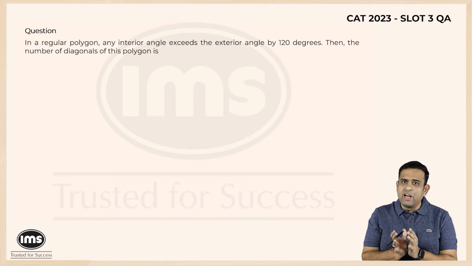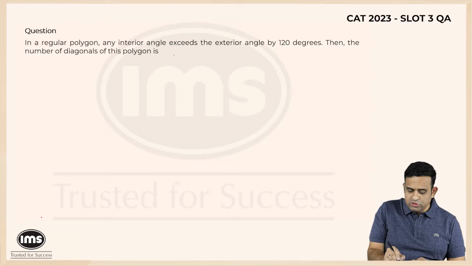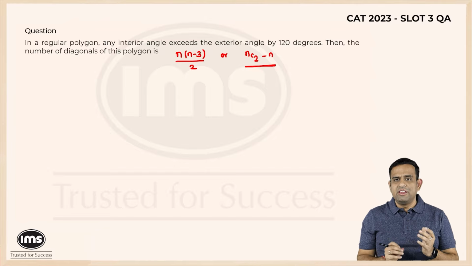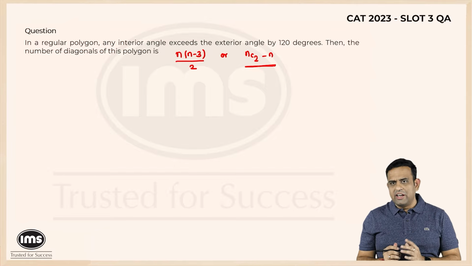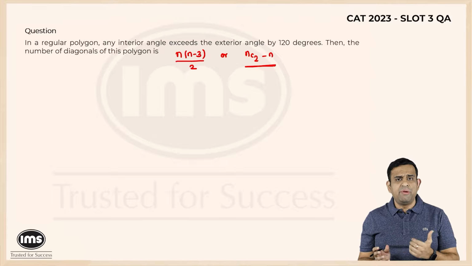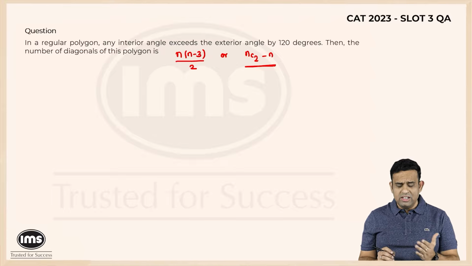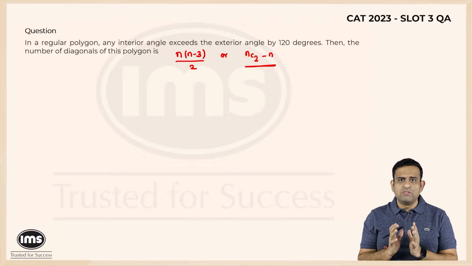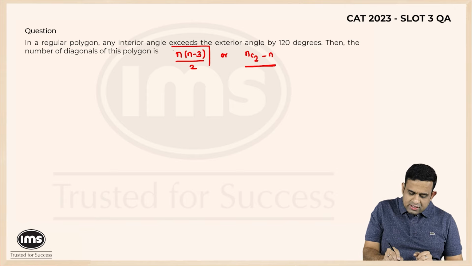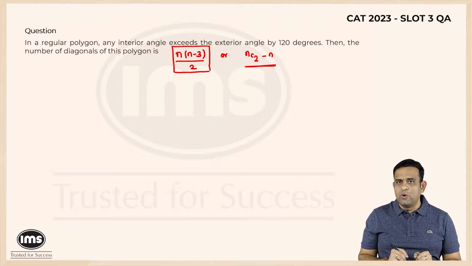So first of all, to find out the number of diagonals, we can use the formula which is n into n minus 3 by 2, or people can say nC2 minus n. nC2 is the total number of lines we can have with the n vertices, and n is nothing but the number of sides, so the remaining is nothing but the number of diagonals. So n into n minus 3 by 2 is a formula which should be known to all of us. Now to find out this, the thing which we need to calculate is the value of n.